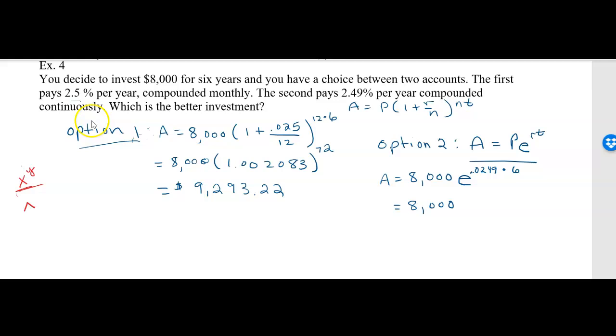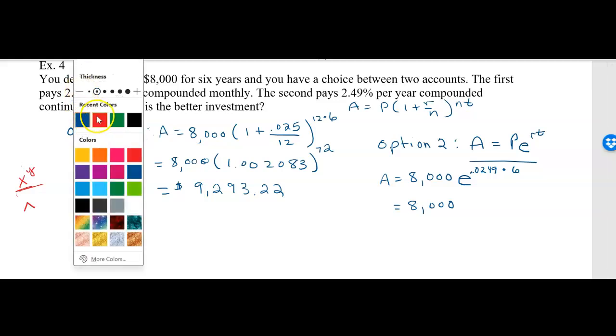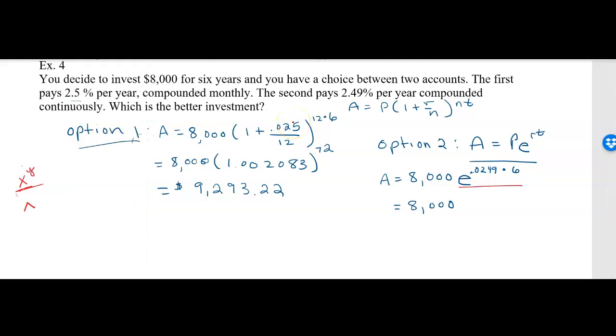So let me just show you what we're doing. You're going to take E. Well, if you want, you can multiply that first and then take E to that. That's up to you. But here's the thing, you're going to want to do this first on your calculator. There is an E button on your scientific calculator. A lot of them just say E to the X. That's the key you're looking for.